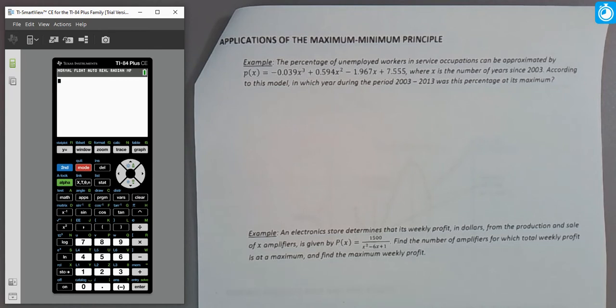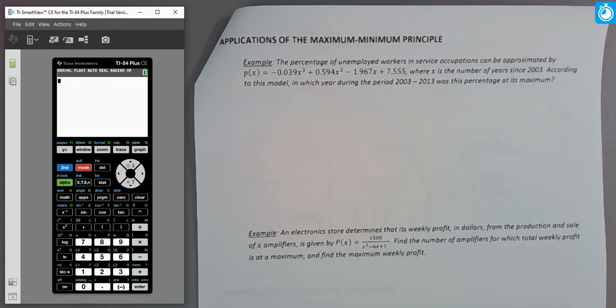Okay, so the percentage of unemployed workers in service occupations can be approximated by the following function. P of x is equal to negative 0.039 x cubed plus 0.594 x squared minus 1.967 x plus 7.555.